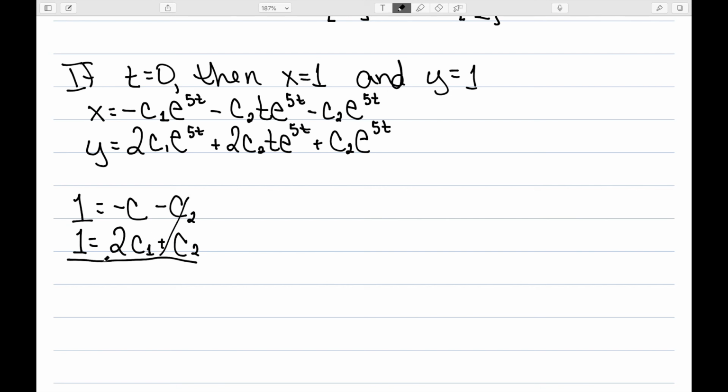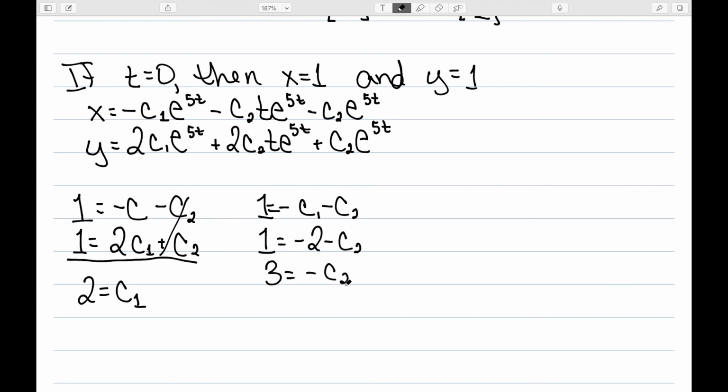We can just add these two equations up. That gives me 2 is equal to C1. I then have 1 equal to minus C1 minus C2. So 1 equal to negative 2 minus C2. 3 is equal to minus C2, or C2 is equal to minus 3.